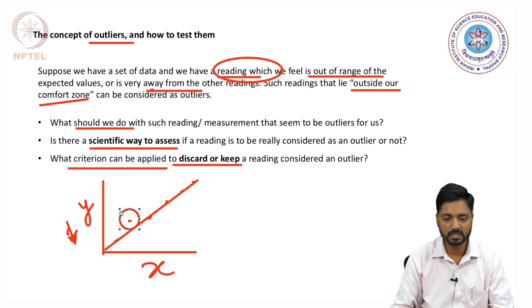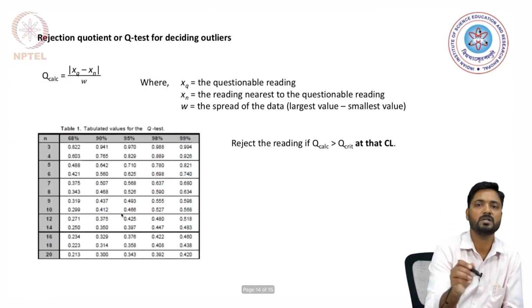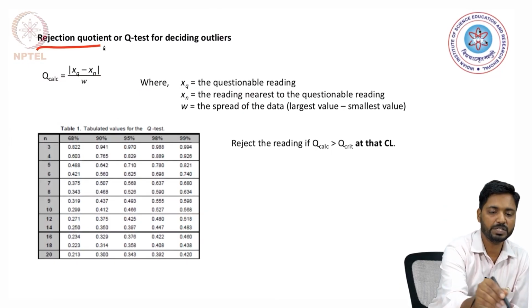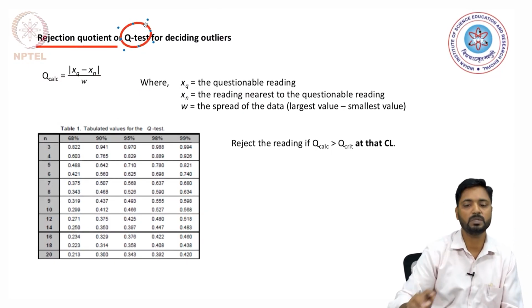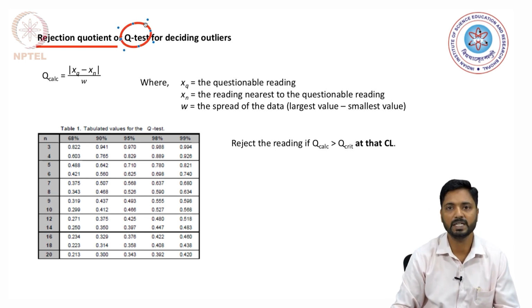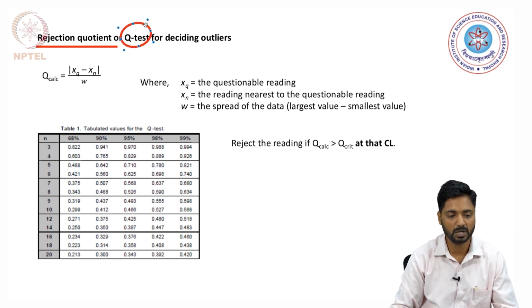Now, what is the criteria, or how do we assess that a reading is an outlier? We utilize what is known as the rejection quotient, or a Q test, to test whether a reading is to be considered as an outlier.